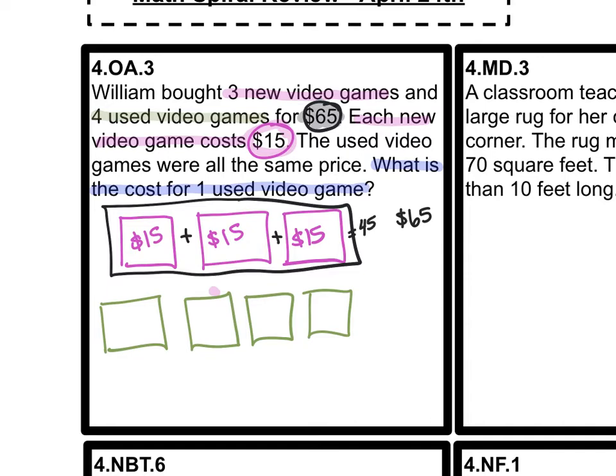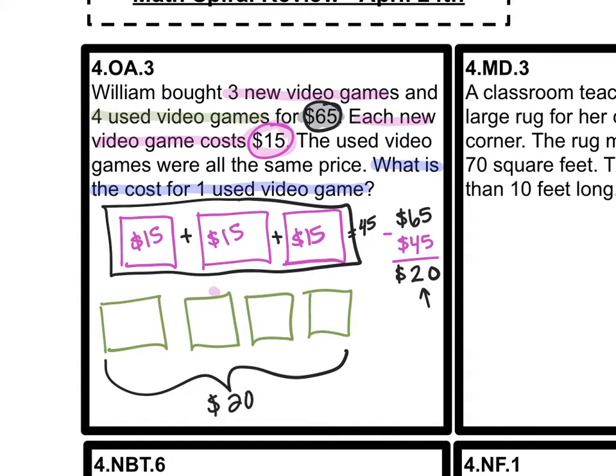So he spent $45 on just the new video games alone. And I'm going to subtract those 2. So 5 minus 5 is 0, and 6 minus 4 is 2. So what I have left over, this 20, represents my new total, which means these 4 used video games all together had to add up to equal $20.